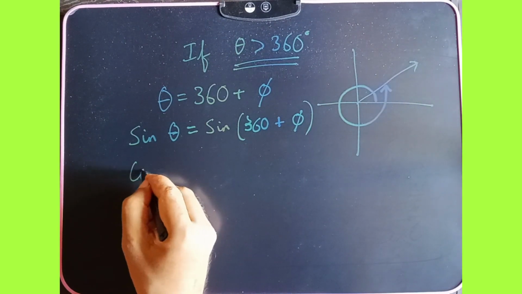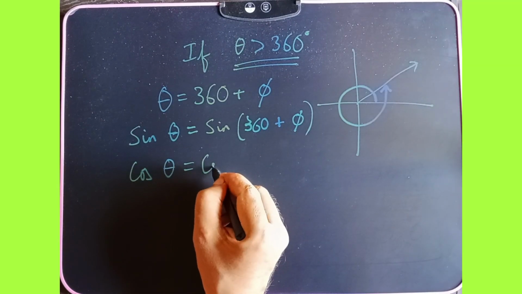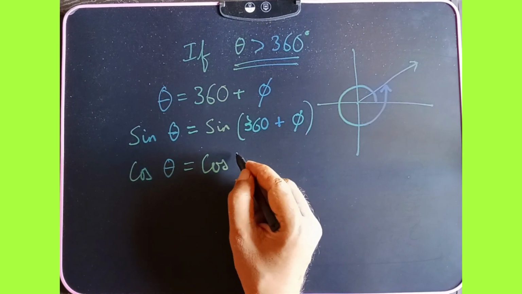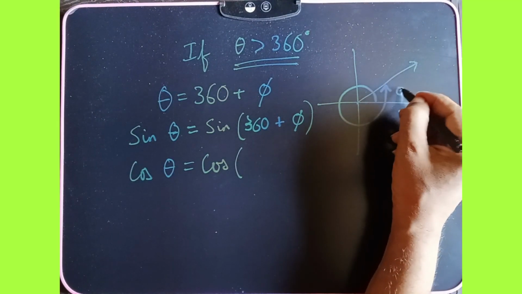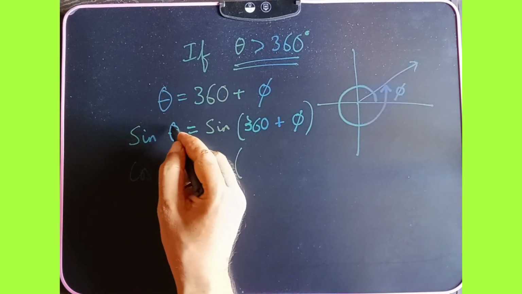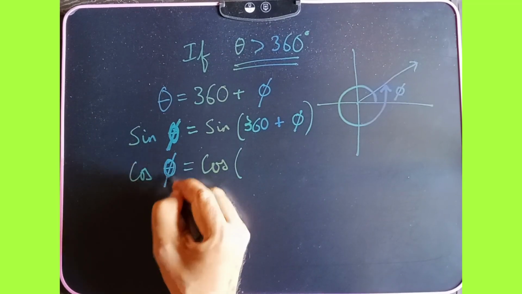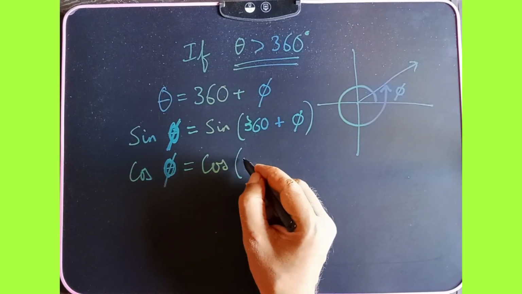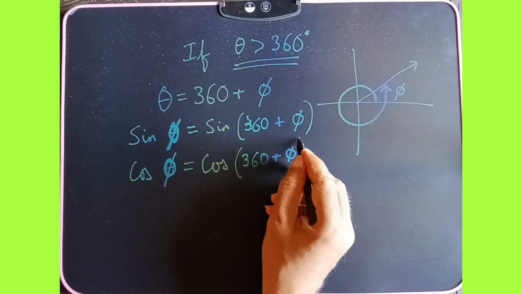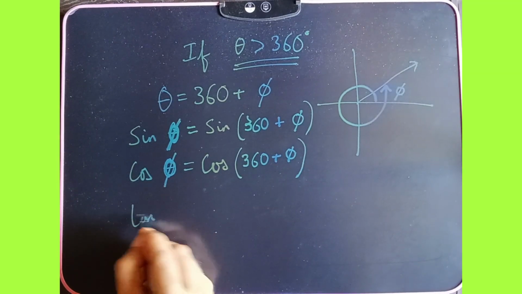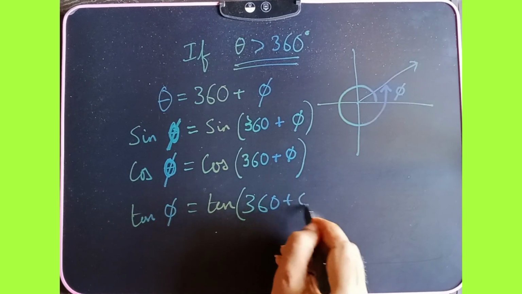So cos of theta will be cos of 360 plus phi. This is the additional angle phi, so instead of theta, it should be phi. And tan of theta is equal to tan of 360 plus phi.